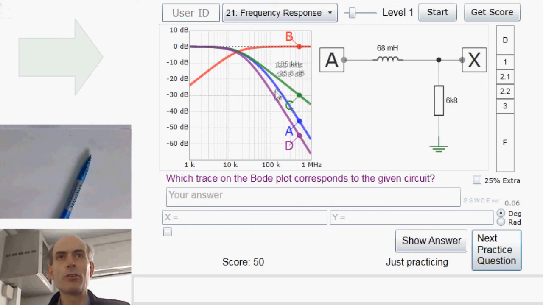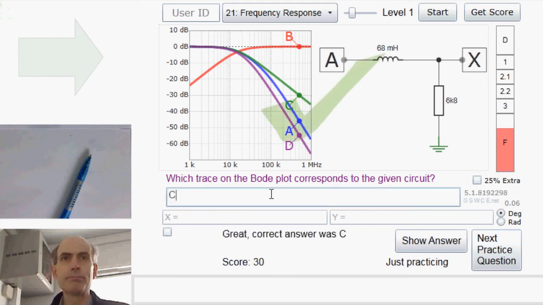Their gradient is greater. If you've only got one pole here, which we do, the answer must be C. A and D are dropping too fast. They must be the result of circuits with more than one pole. So the answer here, C.